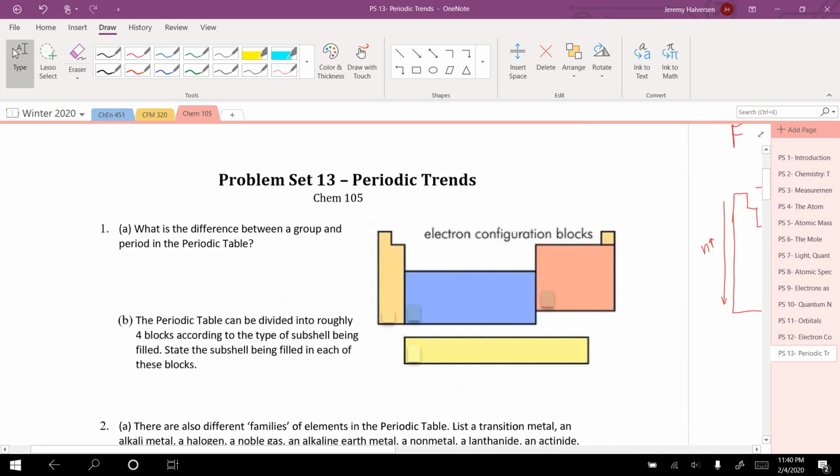Let's take a shot at this problem set. What is the difference between a group and a period on the periodic table? Group, I believe, is a column. Yep, groups are columns.